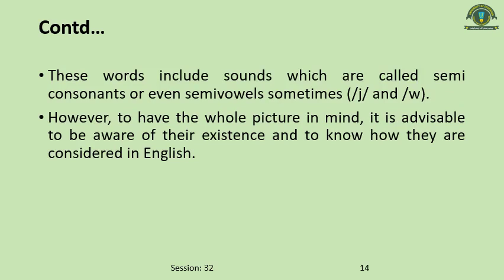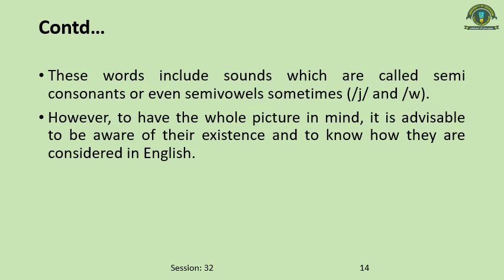So these words include sounds which are called semi-consonants or sometimes semi-vowels. Do you remember I talked about these semi-consonants, semi-vowels, and the symbols are very much in front of you, y and w.